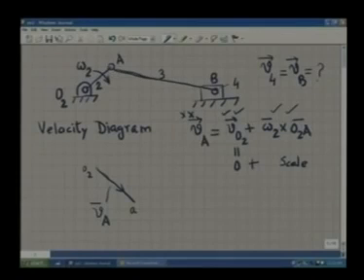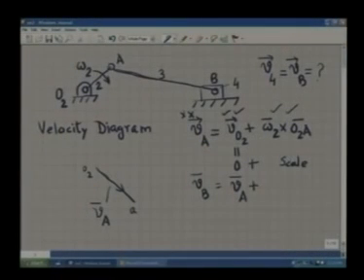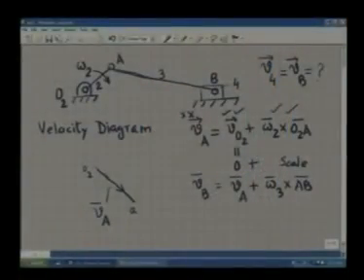Now I consider 2 points, namely B and A, which belong to the same rigid body, namely 3. So I can write velocity of the point B is velocity of the point A plus, since both A and B belong to the same rigid body, namely 3, omega 3 cross AB.